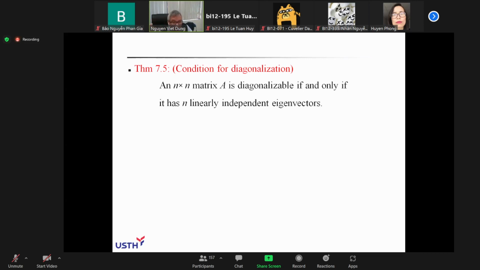However, we have a criterion to see if a matrix A is diagonalizable or not. It is here. A will be diagonalizable if and only if it has n linearly independent eigenvectors, and n is exactly the order of the square matrix A.